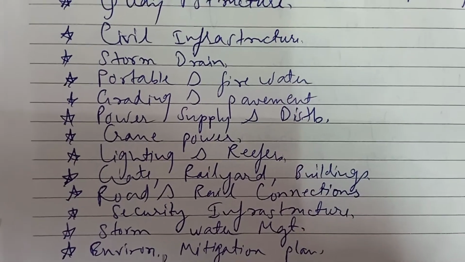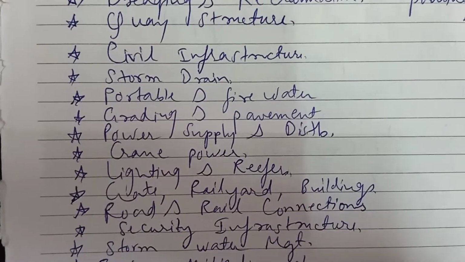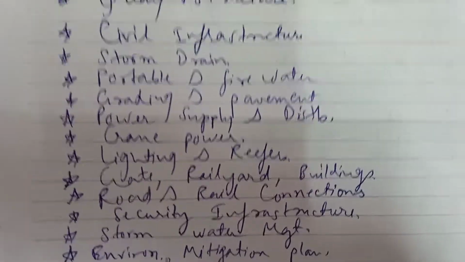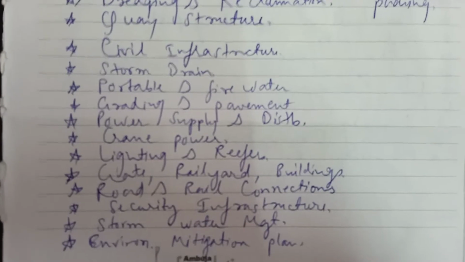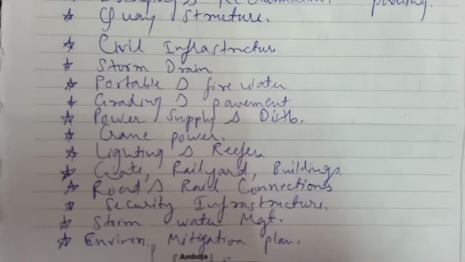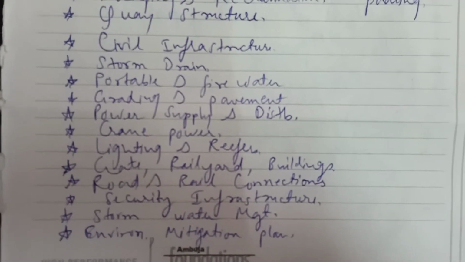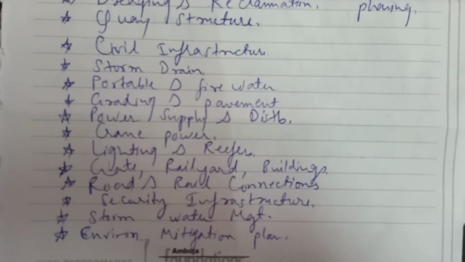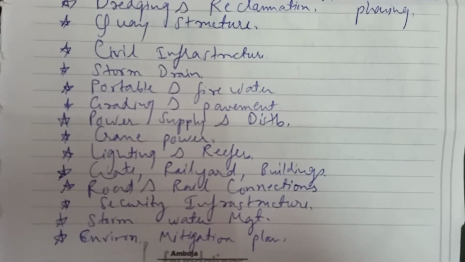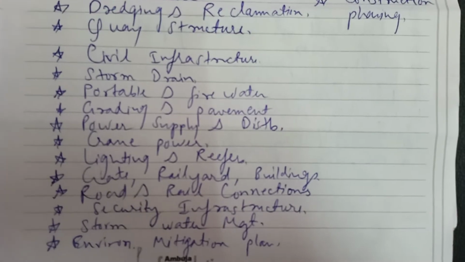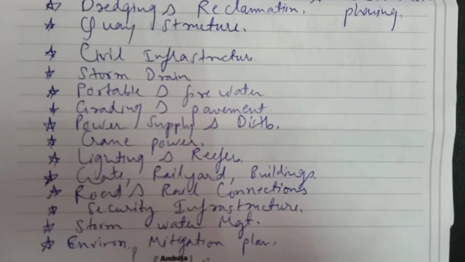Stormwater management is the same as we discussed in the storm drainage part. Environment mitigation plan is related to the storm drainage, where we discussed when the port is affected by any type of earthquake, rain or storm, then there will be a mitigation plan developed for the survival of the port.